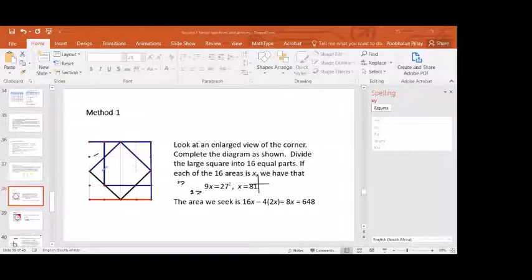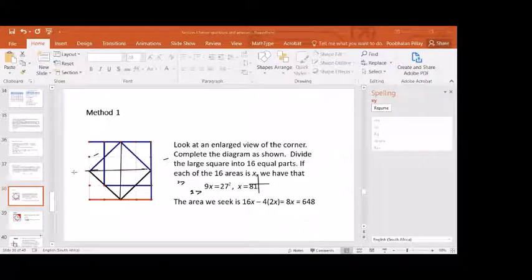So if you actually draw the diagonals of these squares, I'm going to just draw it for the time being. If I draw the two diagonals, you will see that this is 45 degrees.